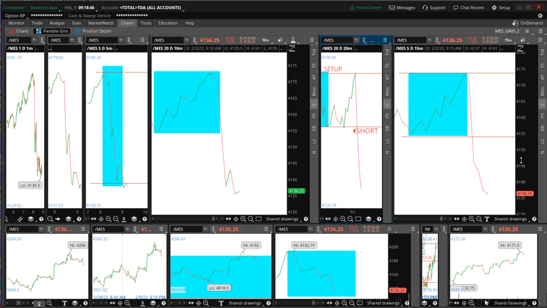Now you can apply this to the Dow and everything. But for example, this morning, you're looking at the Dow. It didn't even open up yet. There's no way you're going to get in. So the futures are going to tell you what's going to happen to the cash market, right?